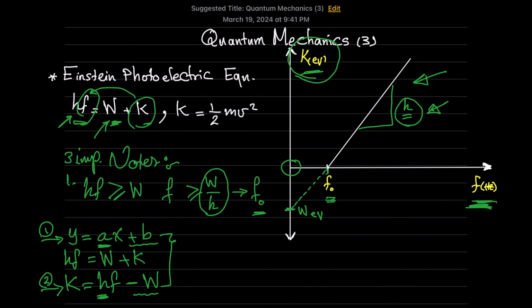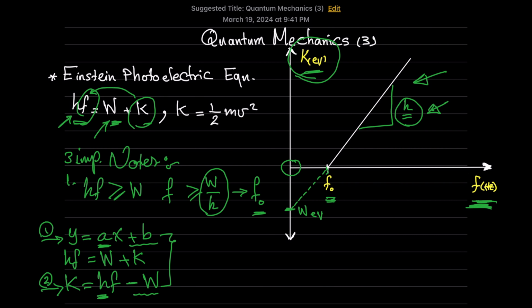And if this slope equals exactly the Planck's constant, this can be used as a direct and most straightforward confirmation of the quantum nature of the photon, or the quantum nature of light.